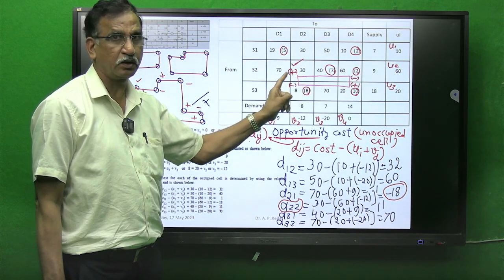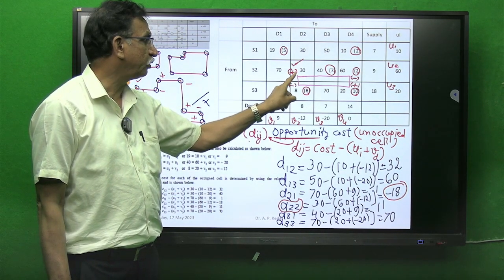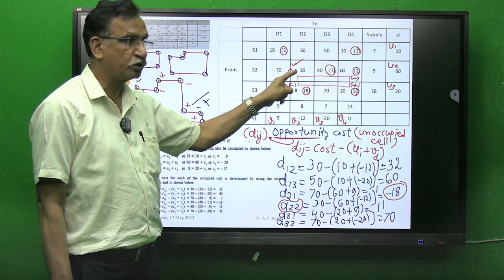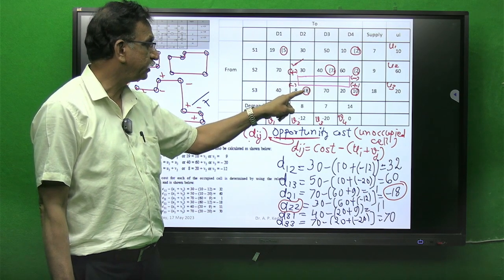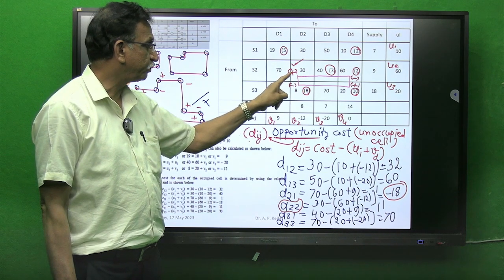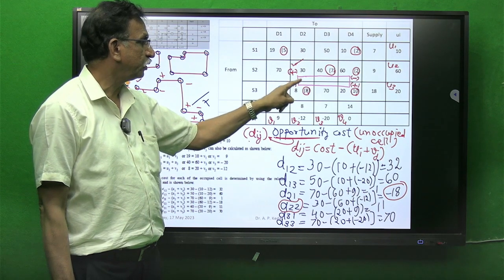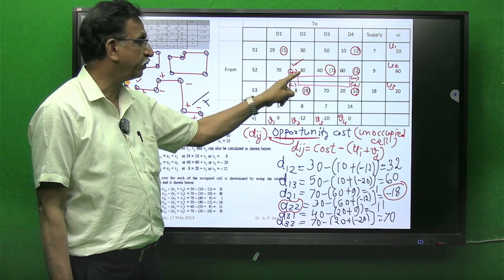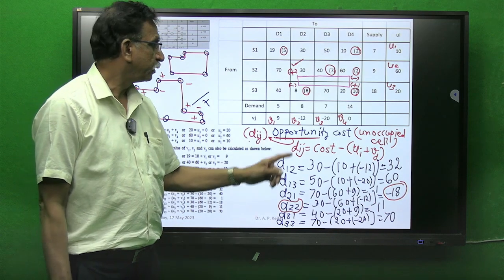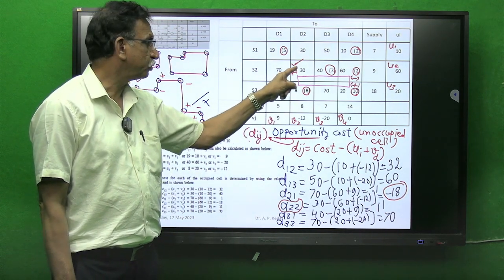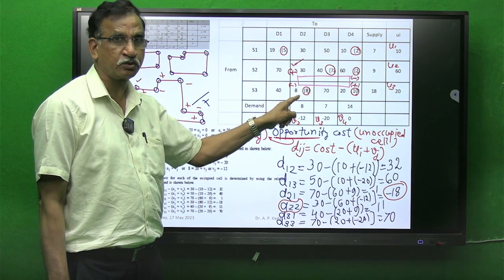Earlier there was no value over here. It is 0. So now if I add here with plus sign this minimum value, the allocation value will become 8. Here the sign is minus, so 8 minus 8 will become 0.